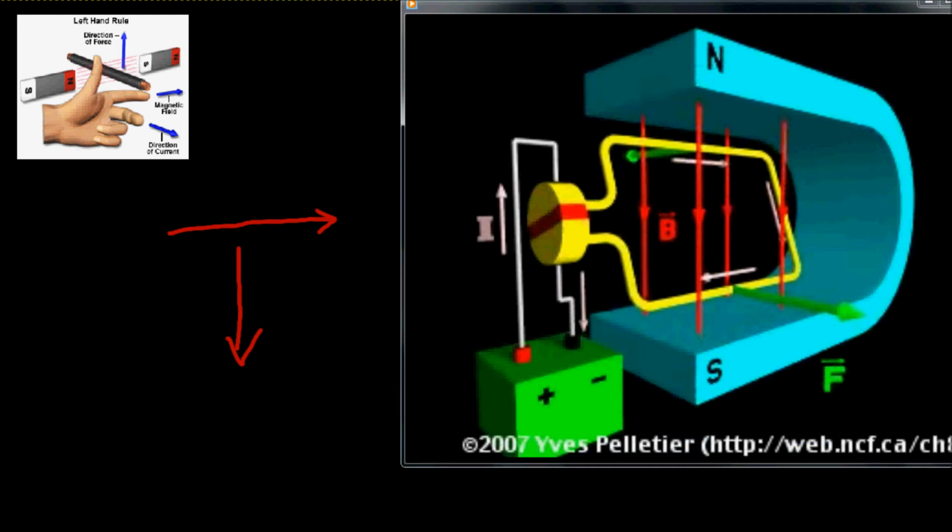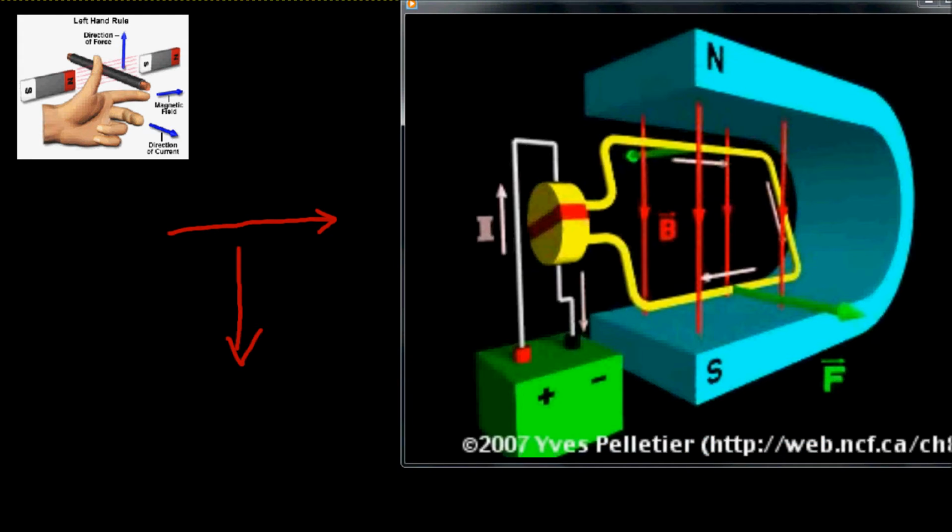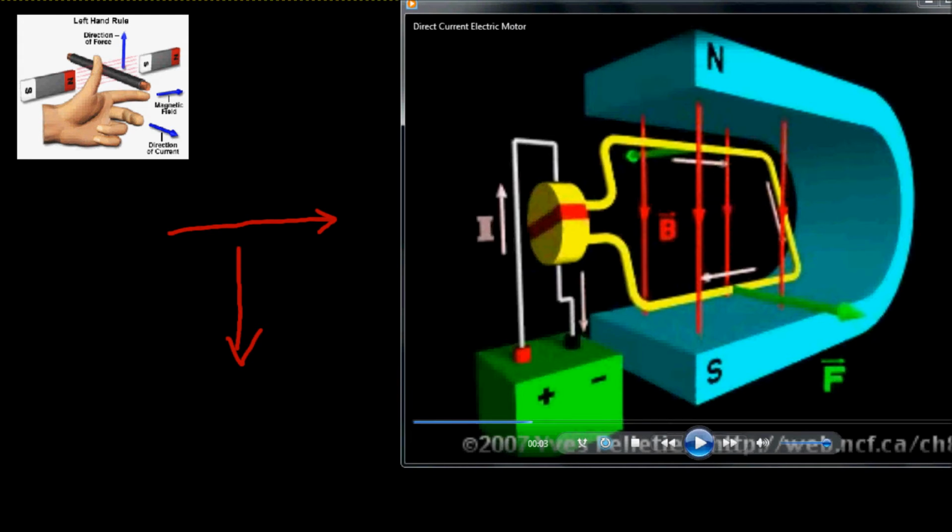So at this position, your Lorentz force is going to push that part of the conductor in the counterclockwise direction. It's going to rotate. And the opposite will happen when you look at the bottom part. And you don't need to apply the left hand rule.